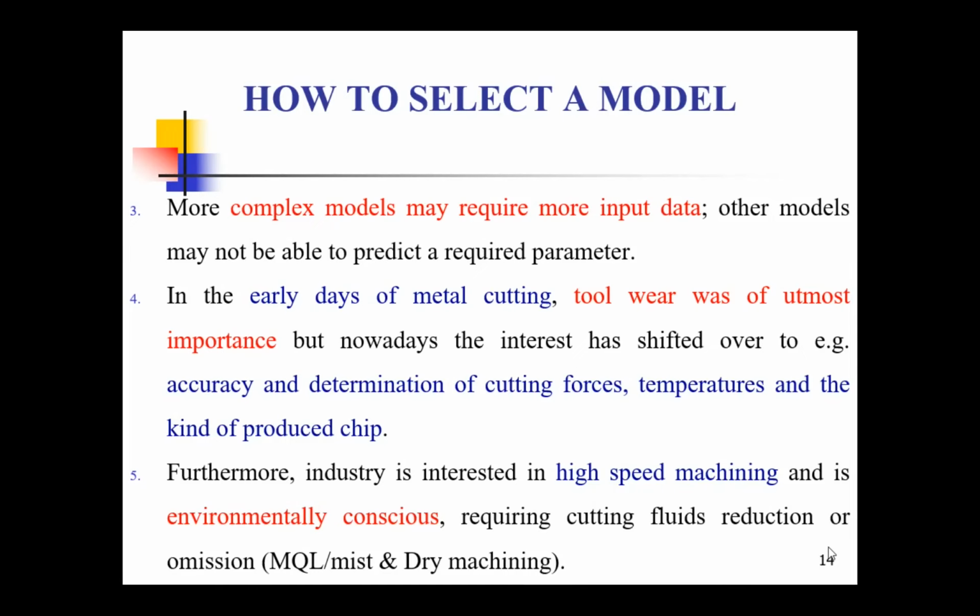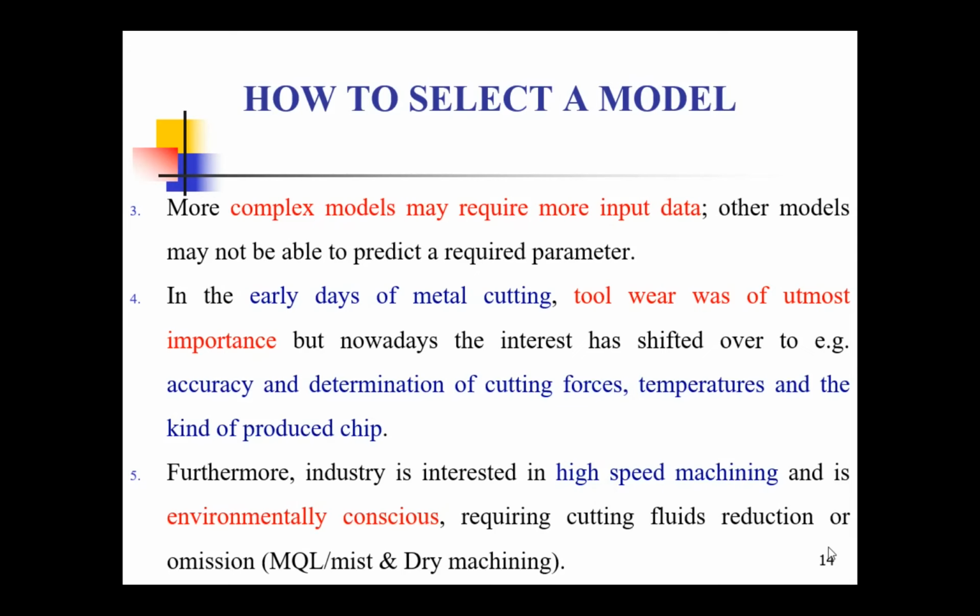Initially they targeted only the tool wear. Afterwards they came to accuracy, then cutting force prediction, then interface temperature prediction, then what type of chip is being produced, then high-speed machining.